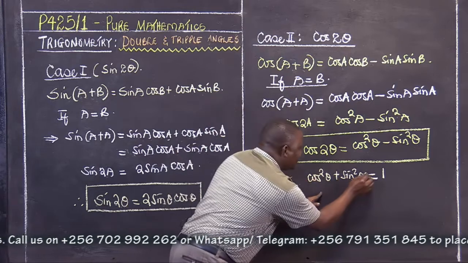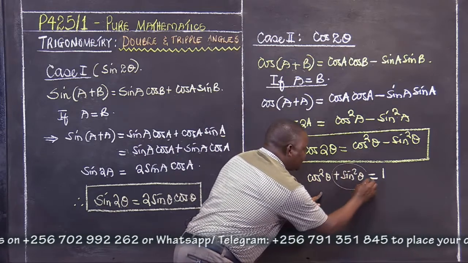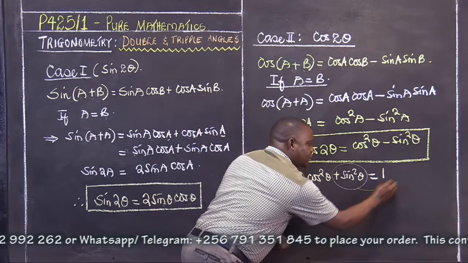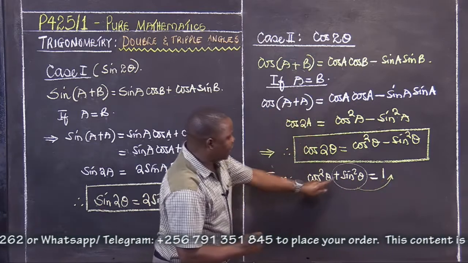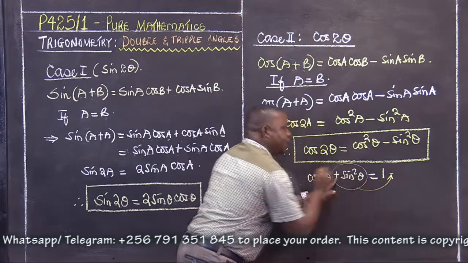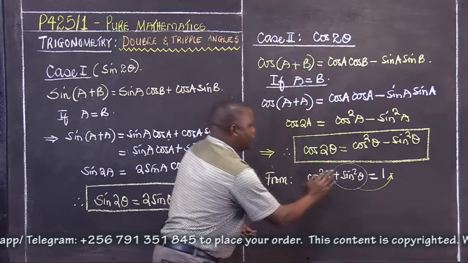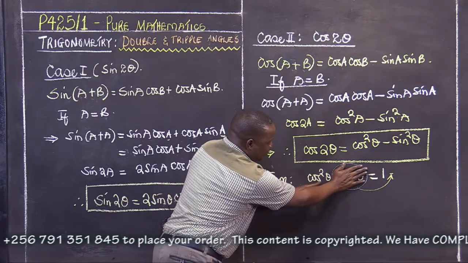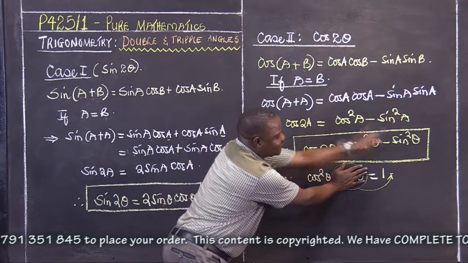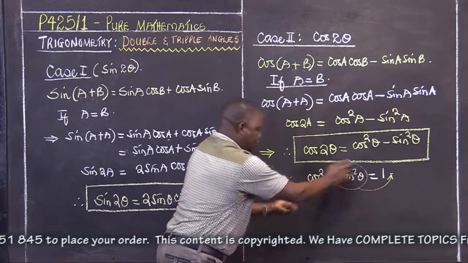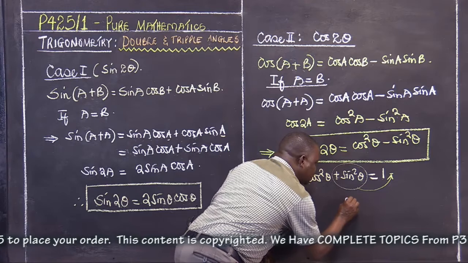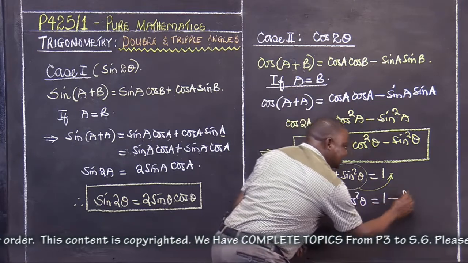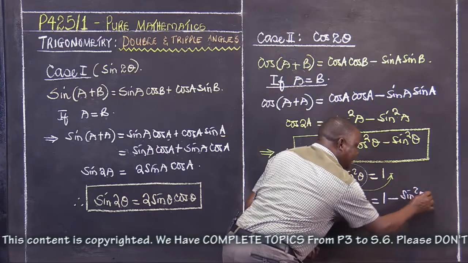You're going to take this positive sine squared to the other side. If it's positive, it's going to become negative. We only remain with cos squared theta here, and on the other side it finds 1. So we shall say that cos squared theta is equivalent to 1 minus sine squared theta.